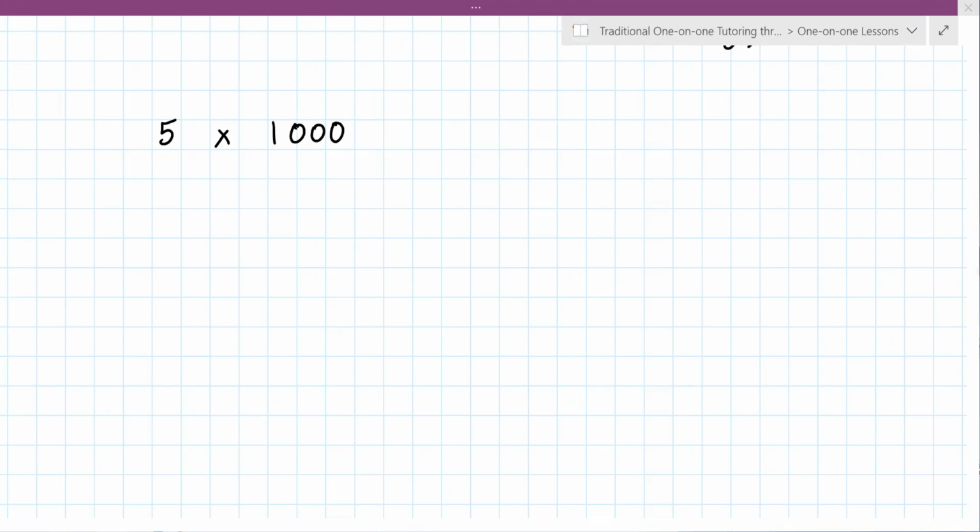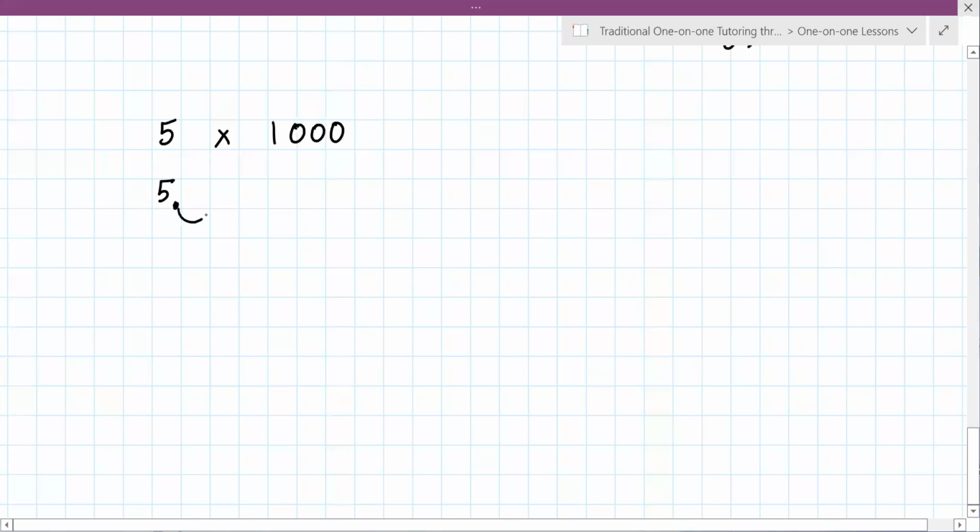What is your final answer? 5,000. So that 5 has a decimal here and you move it over once, twice, 3 times, and we're done. And you put zeros there. So the answer is 5,000.